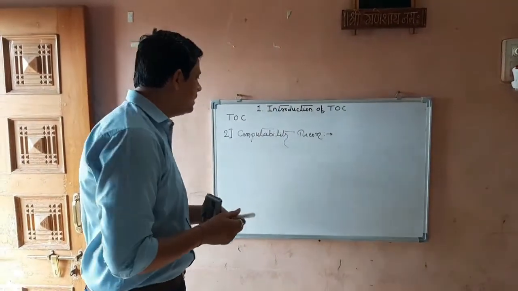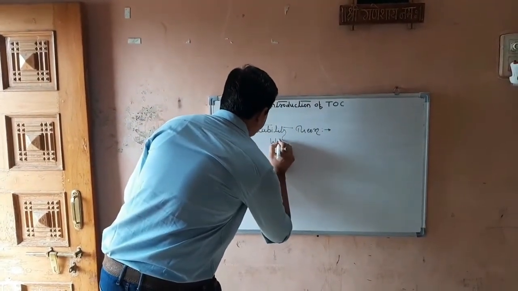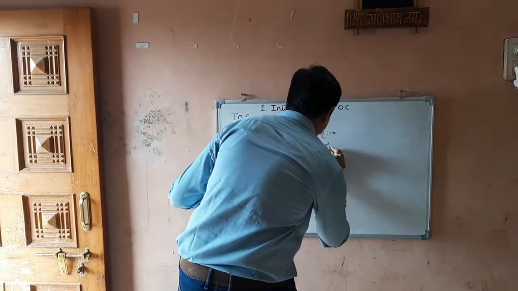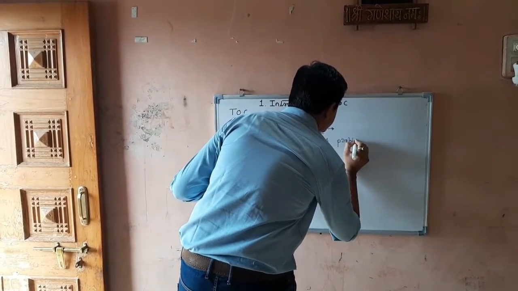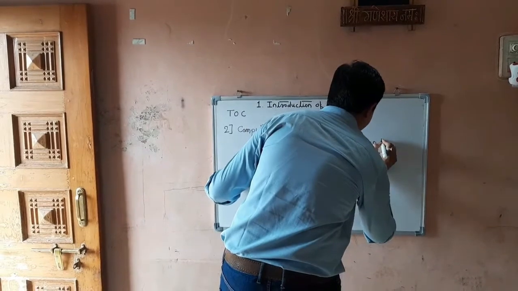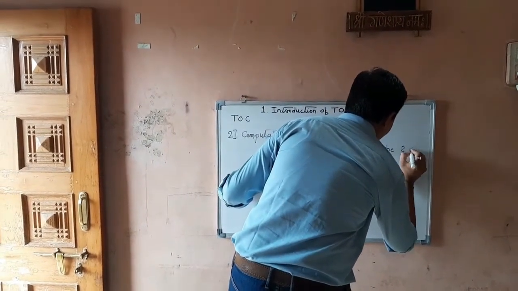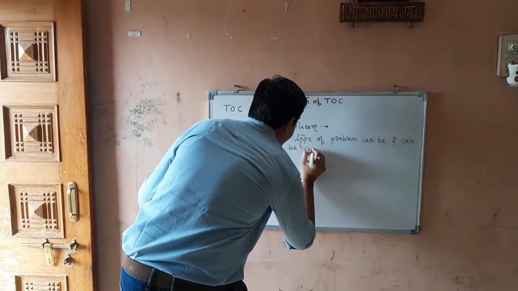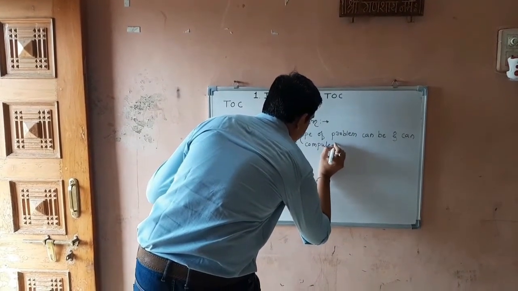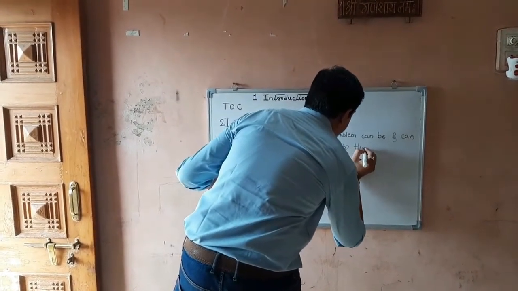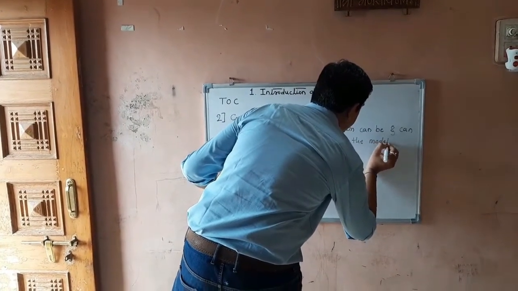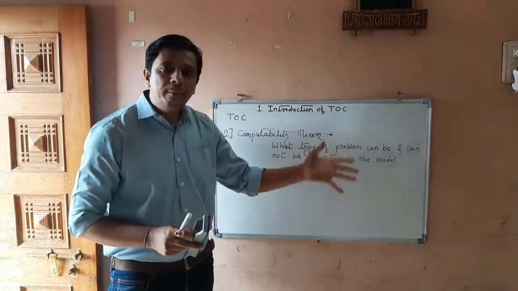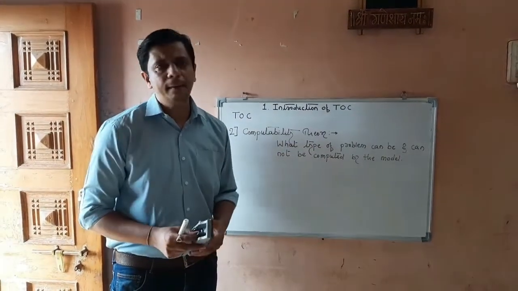Computability theory deals with what type of problems can be and cannot be computed by the model. Computability theory says what type of problem can be and cannot be computed by the model.